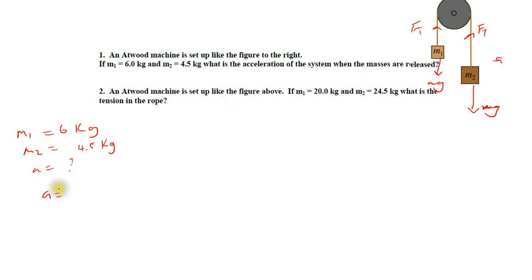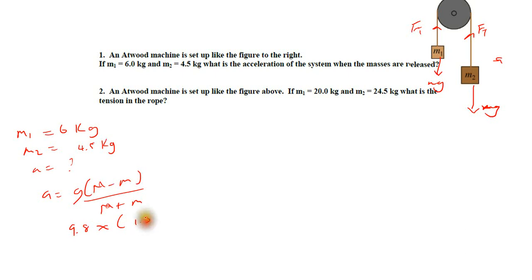All right, now here we have the equation to say that a is equal to g times big M minus little m divided by big M plus small m. We can put in the values. We know g, which is the gravity constant, which is 9.8, and this is multiplied by the difference in the masses.